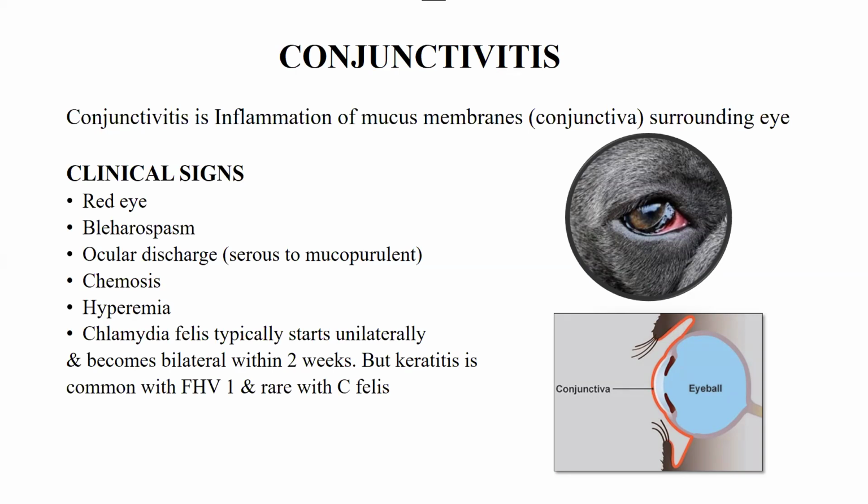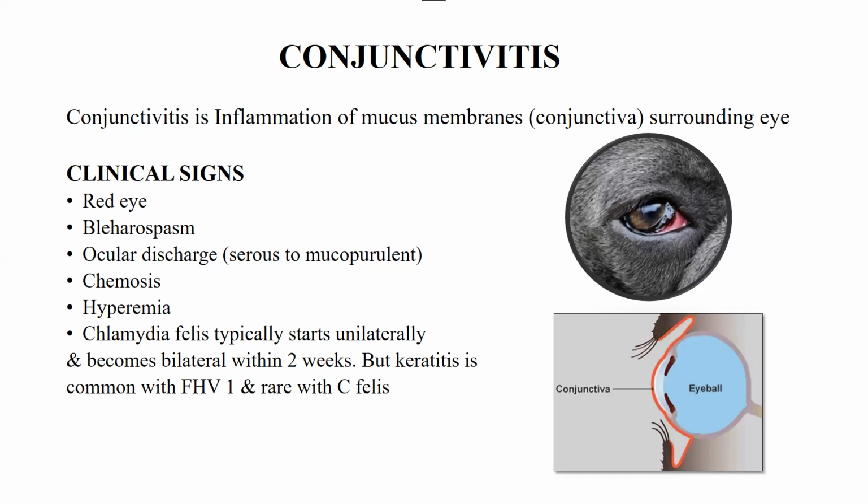Last but not least, there is an important point you should remember: chlamydia and feline herpes virus are important eye diseases of cats. We will study these diseases in detail in separate topics, but here you should remember that in a case of chlamydia, the conjunctivitis typically starts unilaterally and becomes bilateral within 2 weeks.